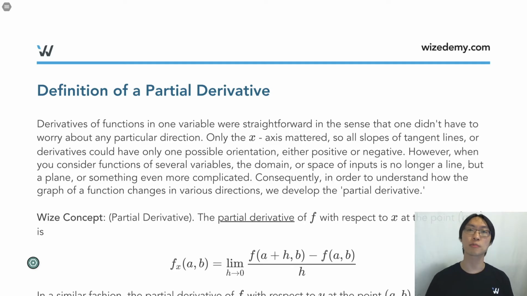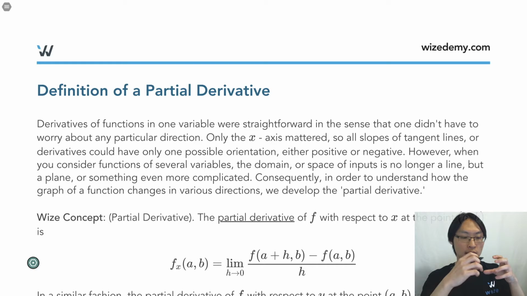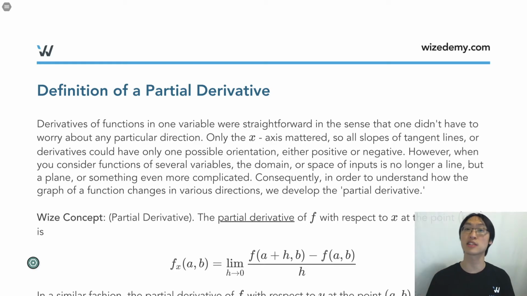However, when you consider functions of several variables, the domain, the space of inputs, is now a plane, at least in two variables. So in order to understand how the graph changes in these directions, we have to consider the partial derivative. Because ultimately, what the derivative did is that it told us how the function would change over time, right?